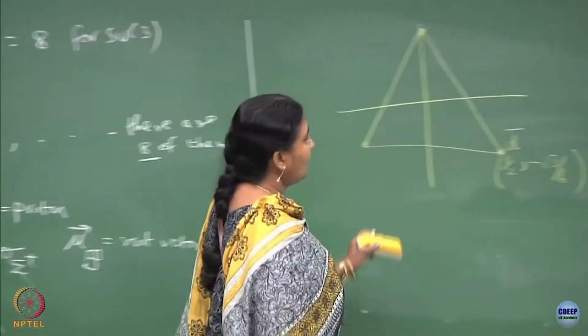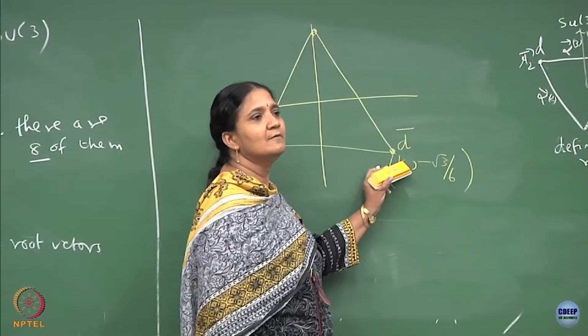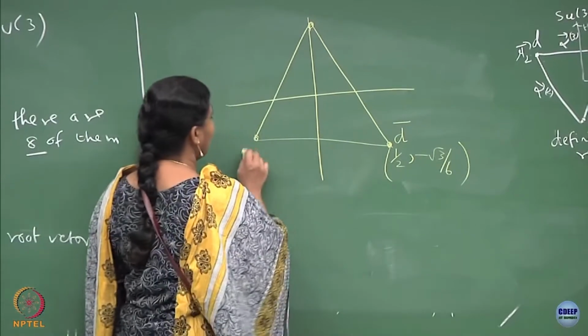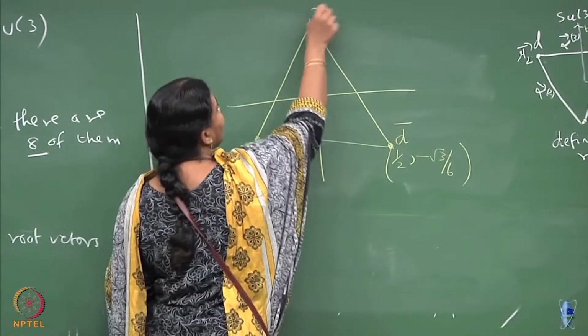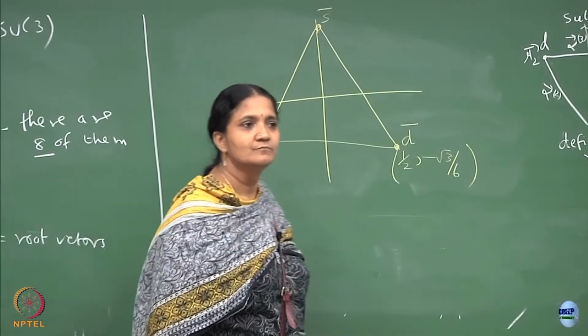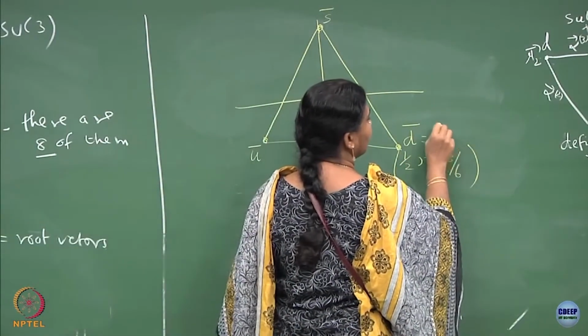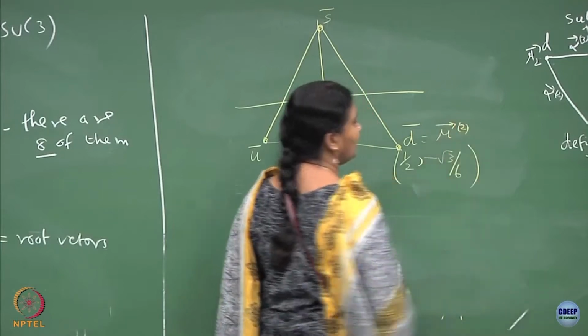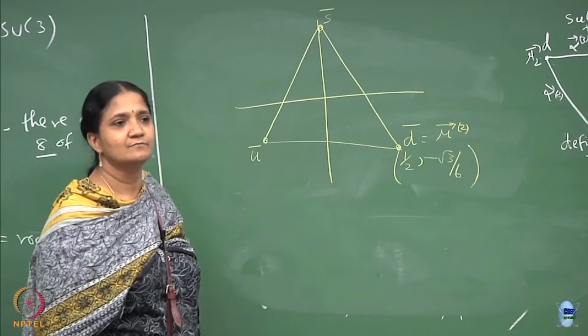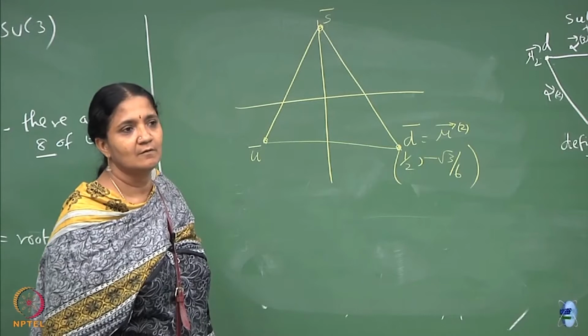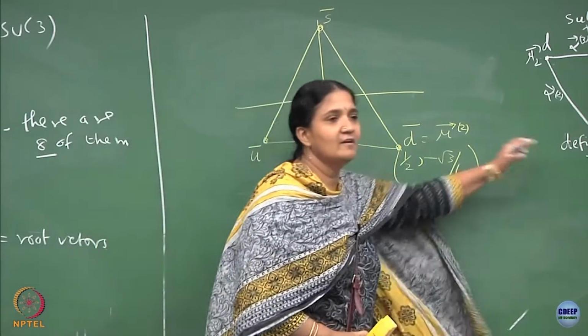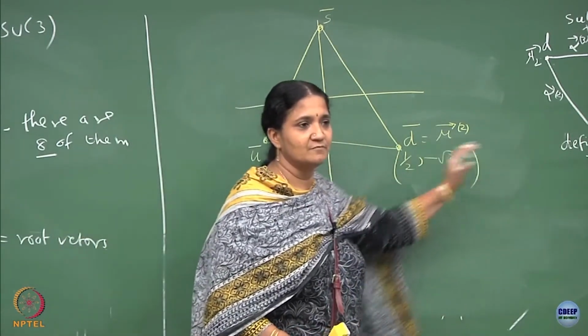So, this will turn out to be a d bar, and then this will be a u bar, and that will be an s bar. So, the highest weight here, which I will call mu 2, will be the fundamental weight. So, these two are the only ones, both are 3 dimensional.